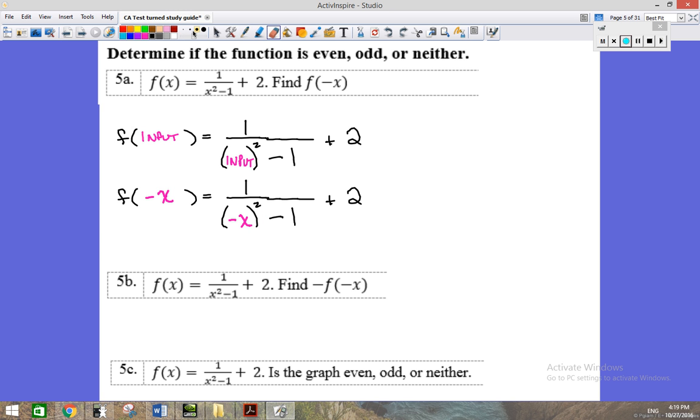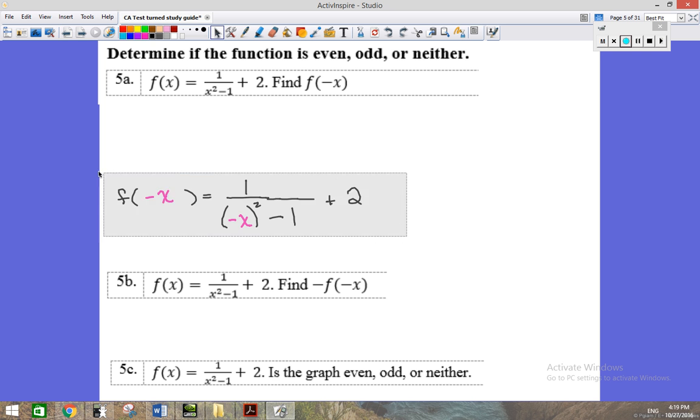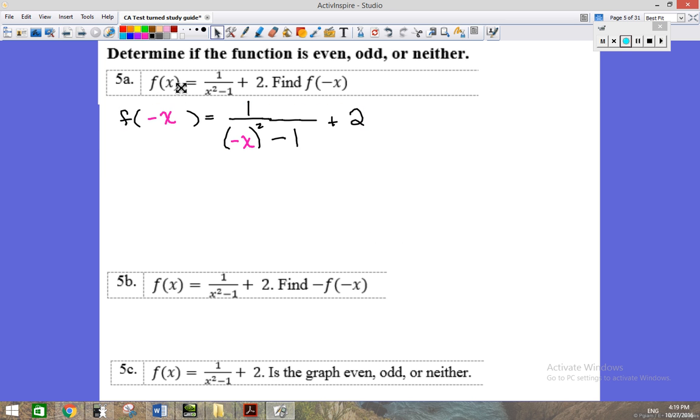Alright. So I'm going to erase this top equation here, because now I have my expression, but I need to simplify it, because I need to be able to compare this against the original. So I need to simplify the right-hand side.